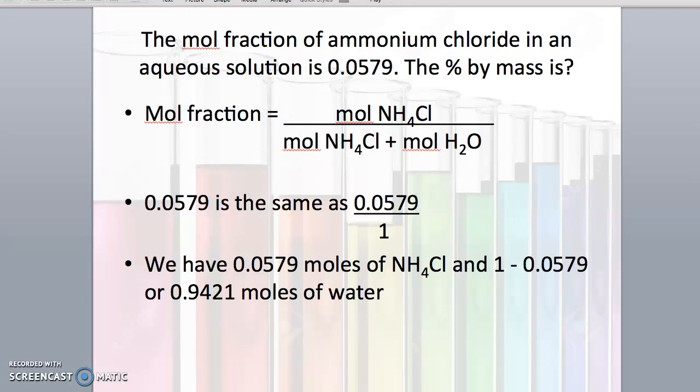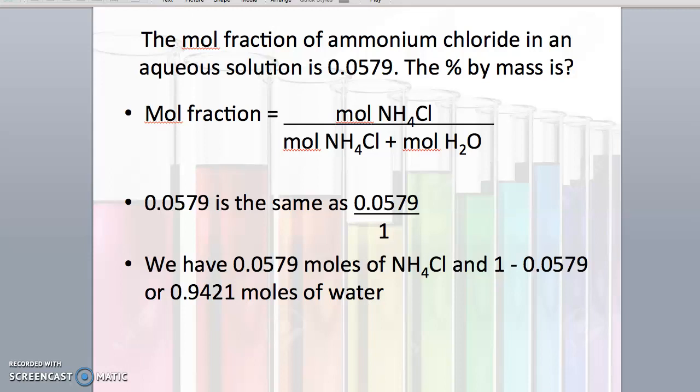Now I've got a mole fraction of ammonium chloride in an aqueous solution. Again, aqueous solution means that our solvent is water. Let's start by writing out, well, what is mole fraction? That means we have moles of ammonium chloride over the moles of ammonium chloride plus the moles of water. The value 0.0579 is the same as 0.0579 over 1.